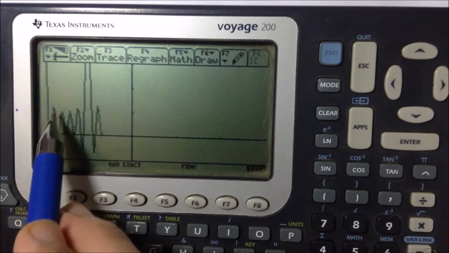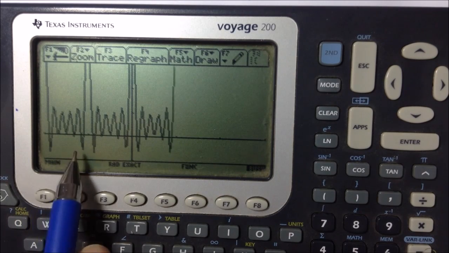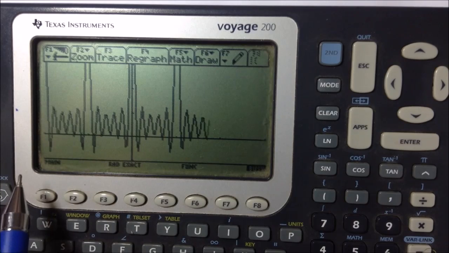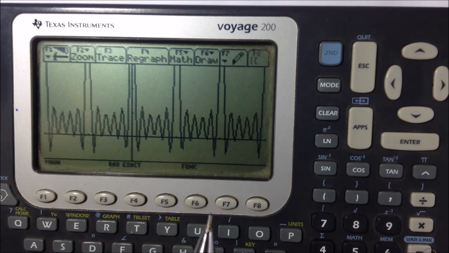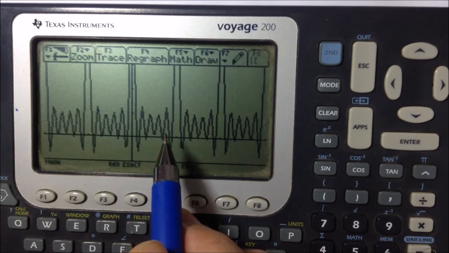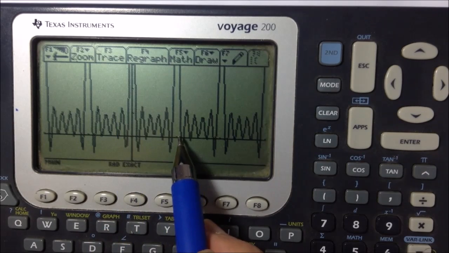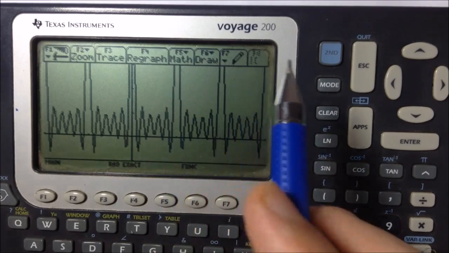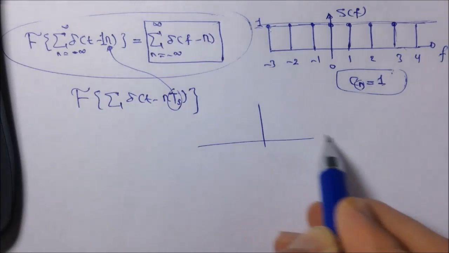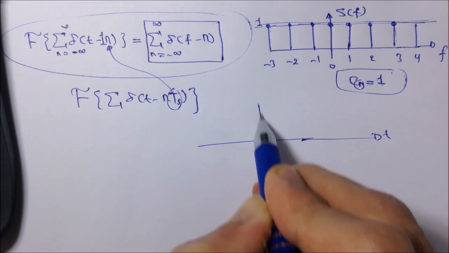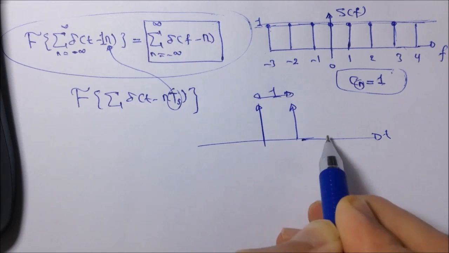These tiny fluctuations were in a negative region. Now they are positive values. But anyway, they are going to disappear when we add up an infinite number of harmonics. So when t equals 0, we have an impulse. When t equals 1, we have an impulse. So in the time domain, we have impulses spaced by a 1 second interval.